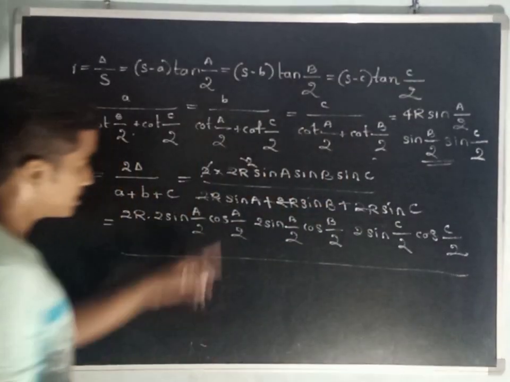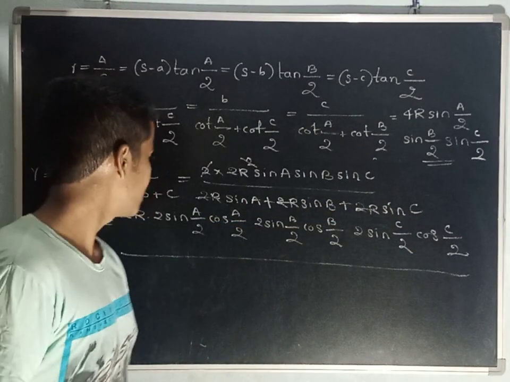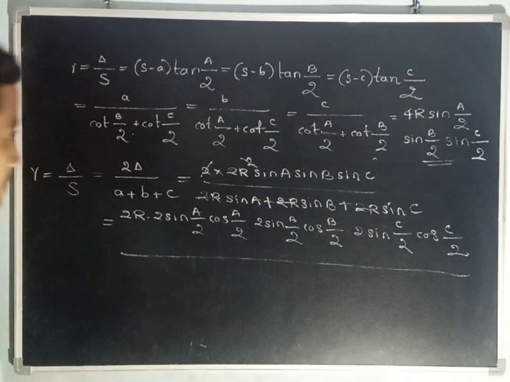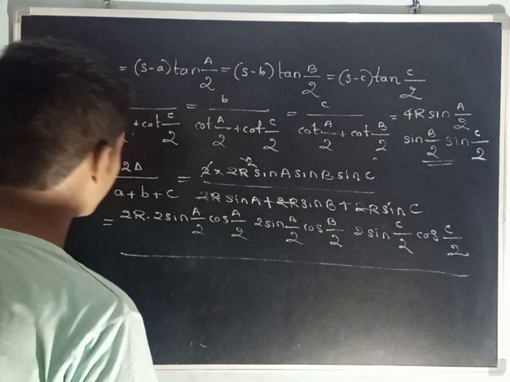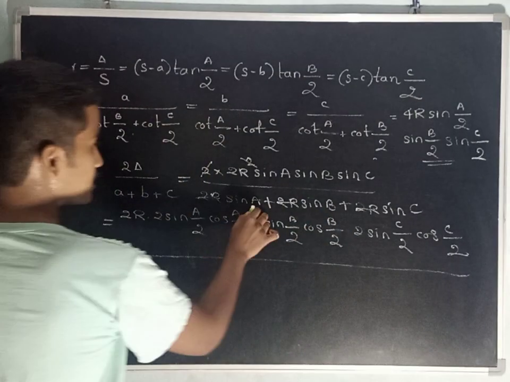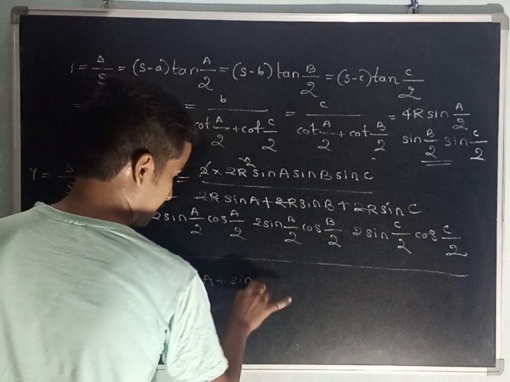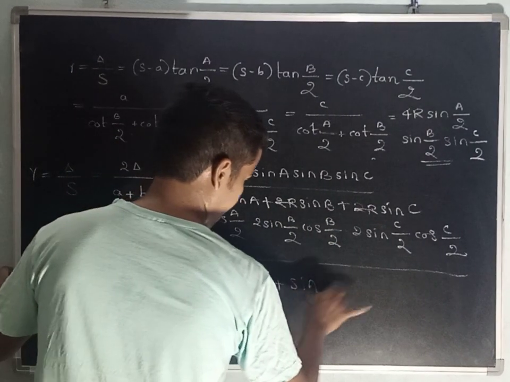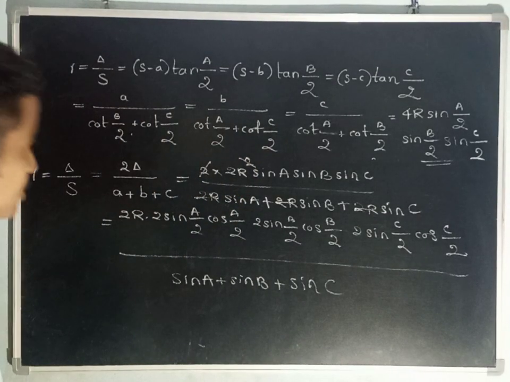In the denominator, we have remained with sin A plus sin B plus sin C. On further simplifying, we are going to get sin A plus sin B plus sin C. Okay?